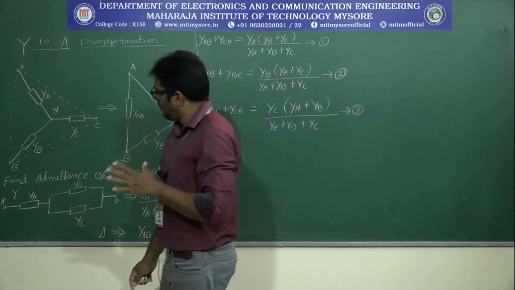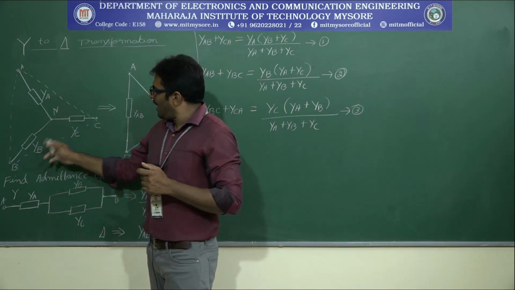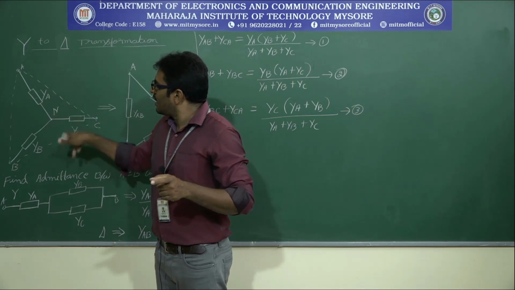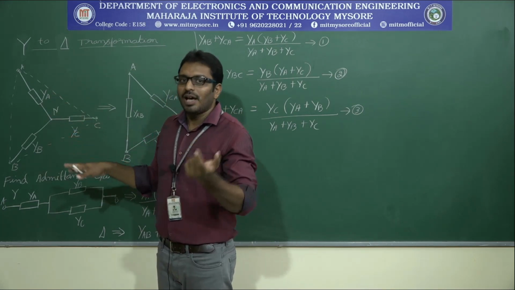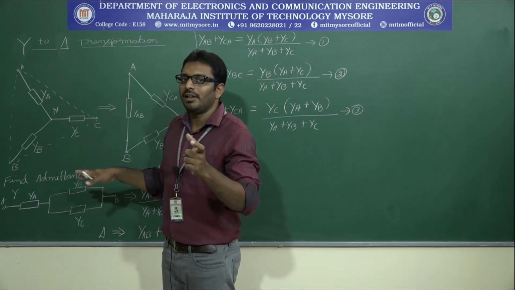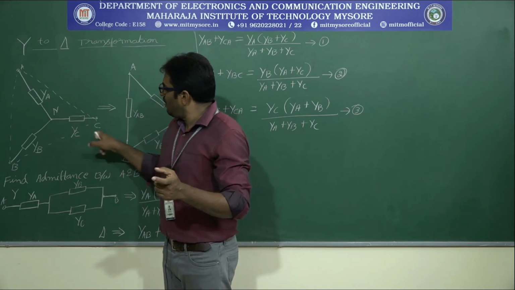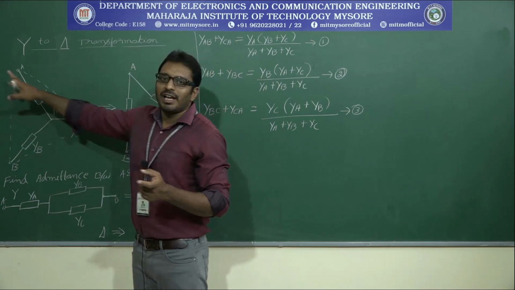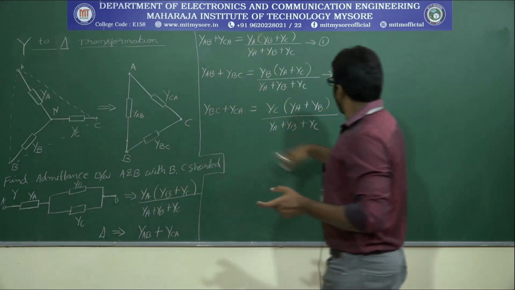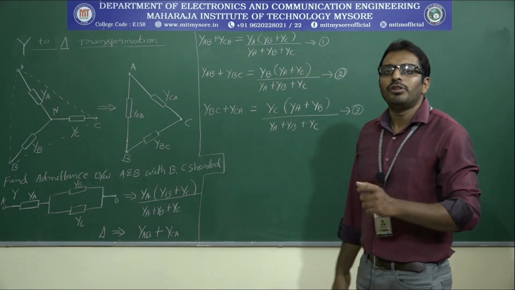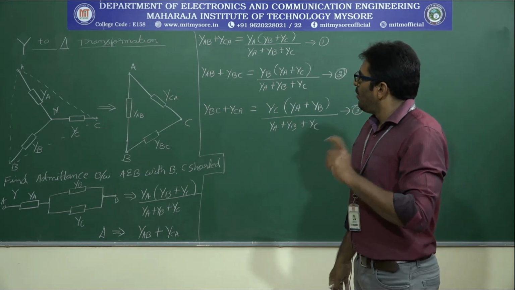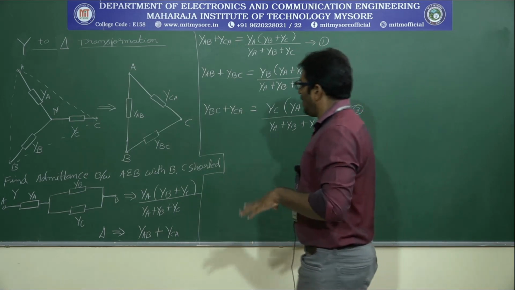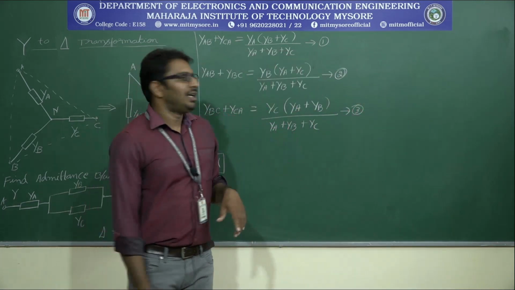See, what is the given data? YA, YB, YC are given. They are connected in star pattern. What we are going to find out are the equivalent values: YAB, YBC, YCA. So, by using these three equations, how do we obtain these three parameters?